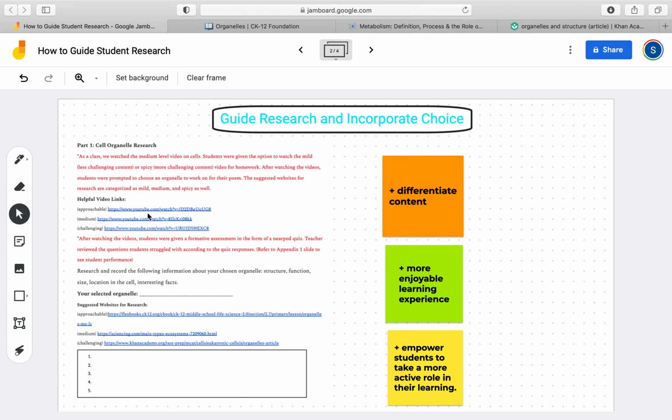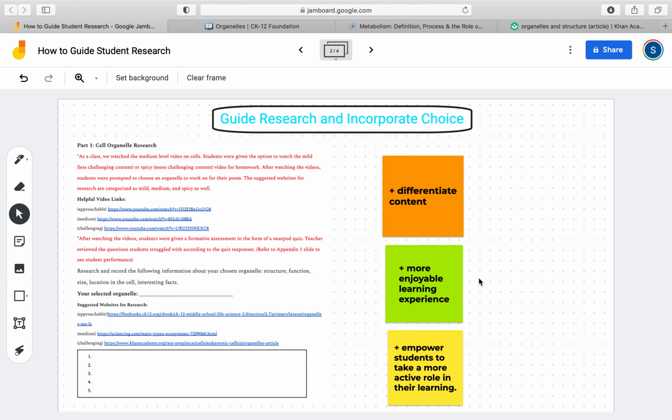So this strategy is helpful for students because first, you are differentiating the content for them. You're providing a starting point for their research and helping them start their research project. So this way you are catering to different learning styles and learning abilities.